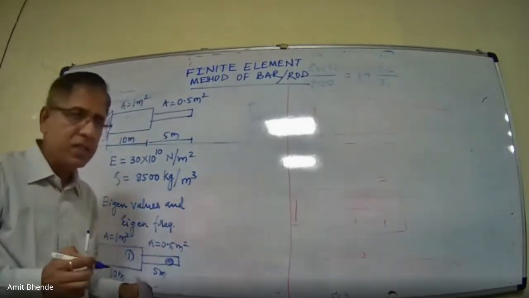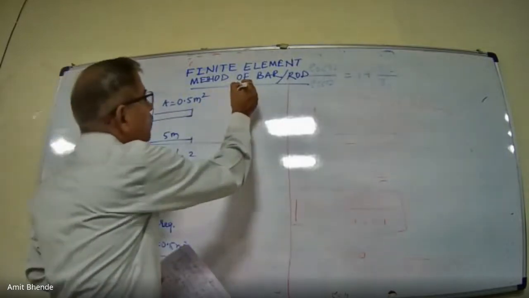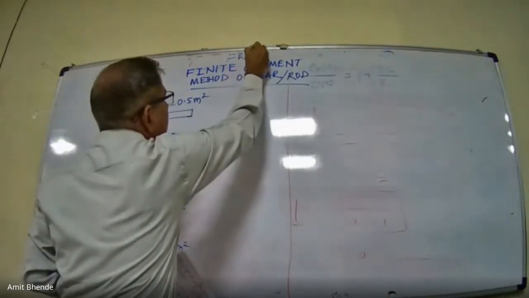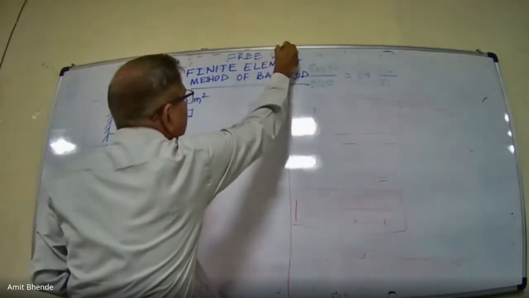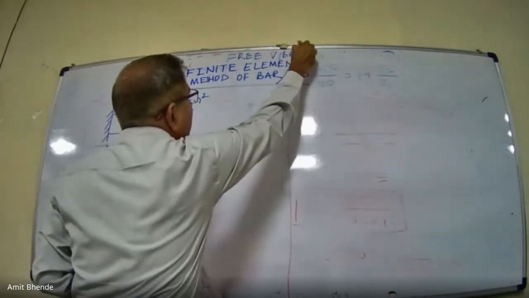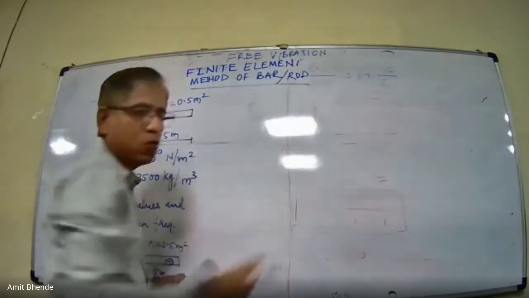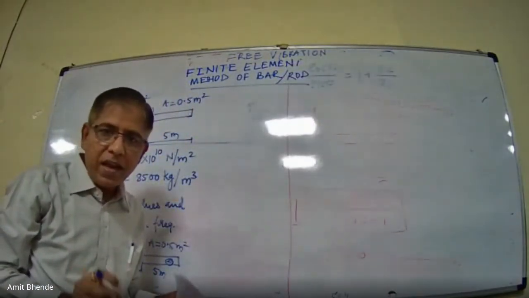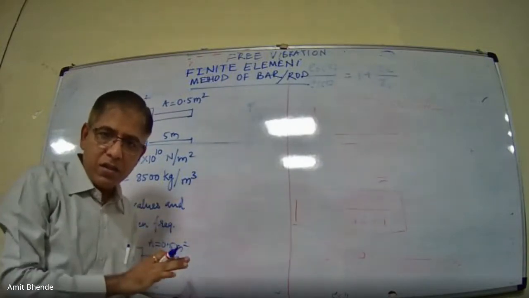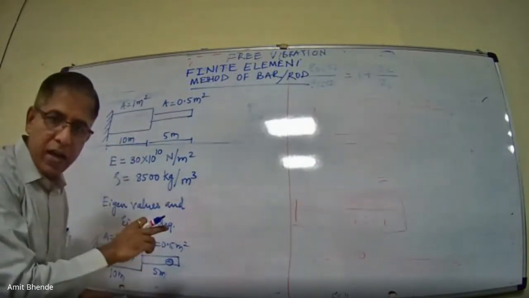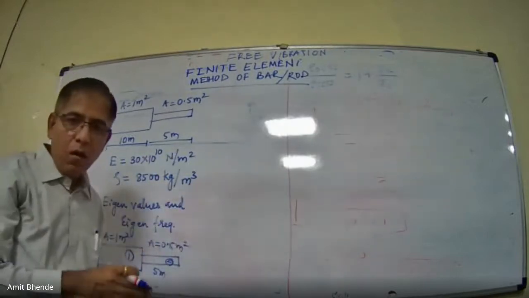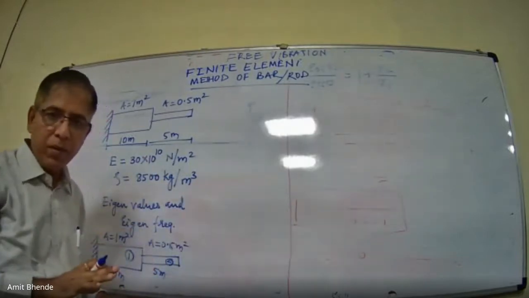And since this is the free vibration case, that means we are not considering any external loading on the system. That is why you won't find any kind of axial loading or transverse loading in this problem. Okay?